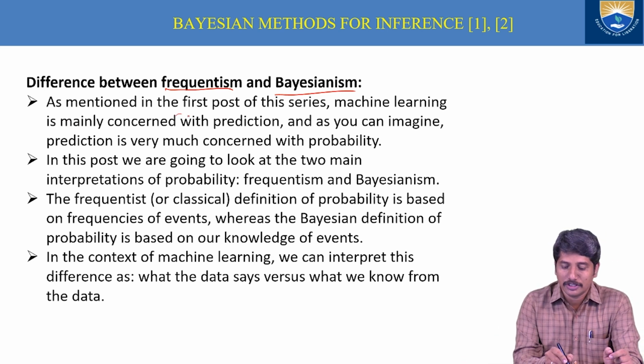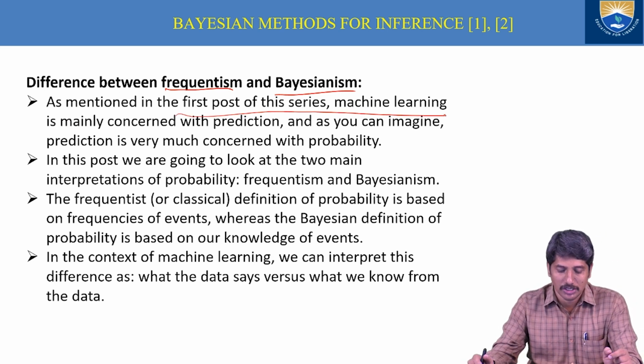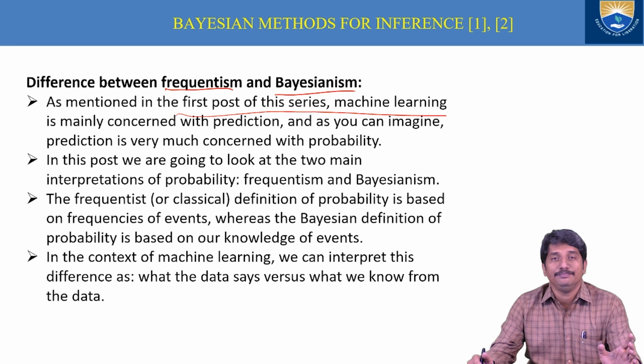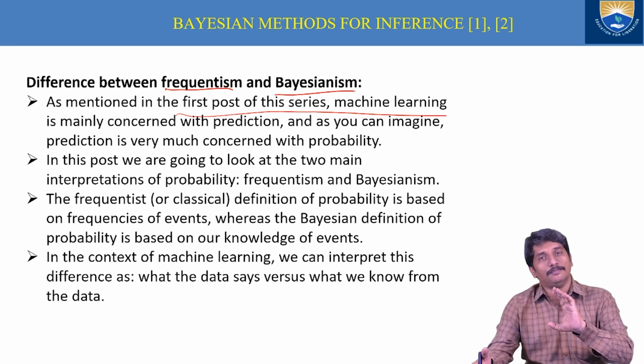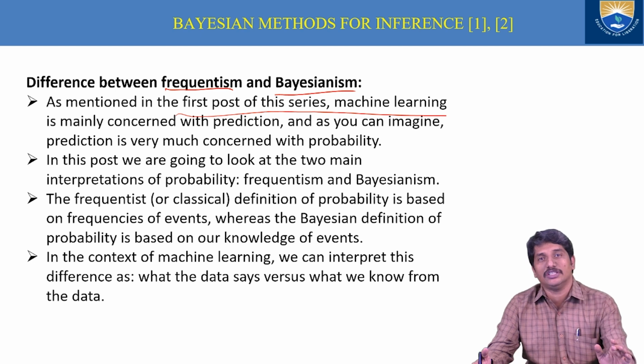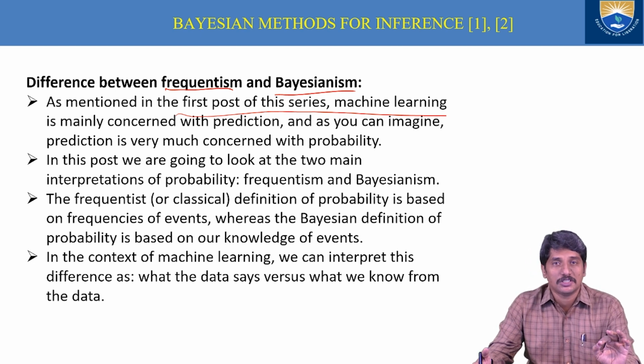As mentioned in the first post of the series, machine learning is mainly concerned with prediction. I told you in the last class that in machine learning, most of the time you have to predict the missing features of the data, and you have to estimate the features to the maximum possible extent in a better way. That is the major task.